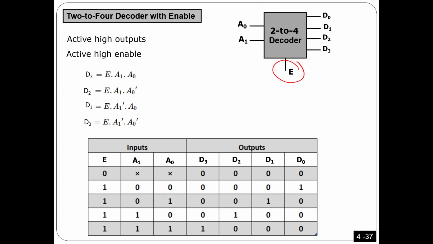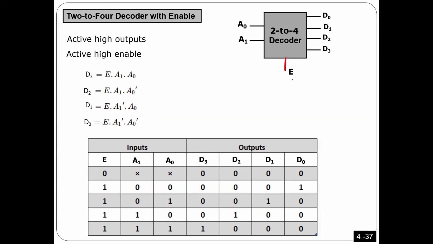Without such a control, all of them are going to work at the same time. I have a control: you should work right now, or you should not work. So even if you have an input, if disabled, you are not going to work; if enabled, you are going to work. So I should have such a control. That's why, in general, we like to have something like that in logic circuits. Anyway, that's what I did here last time.